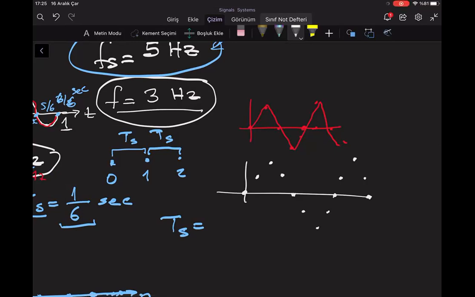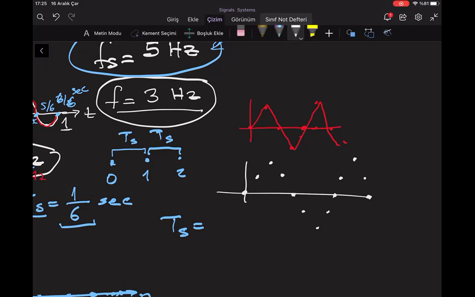Is it still a good sampling? No. Looks like no. So especially in sinusoidal signals, we have to increase our sampling to like 5 times or 10 times our maximum component in our signal, okay?